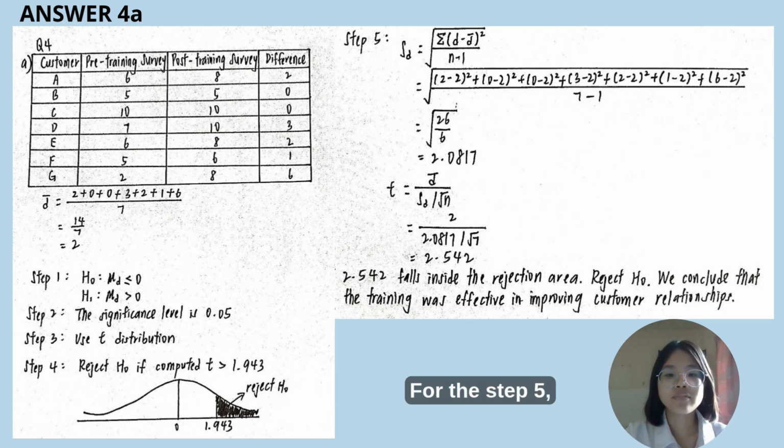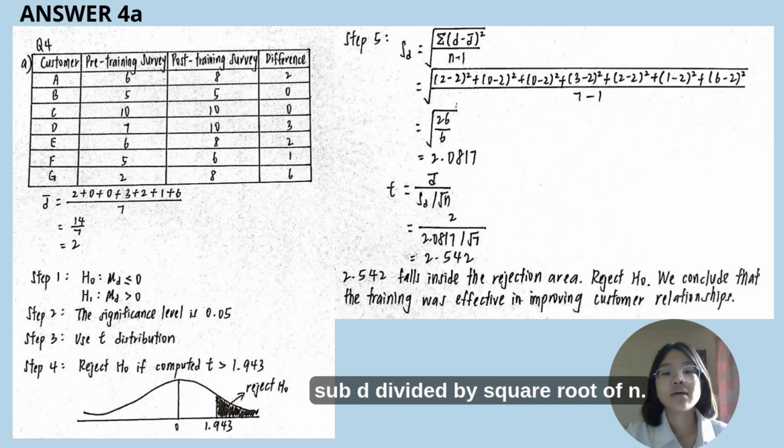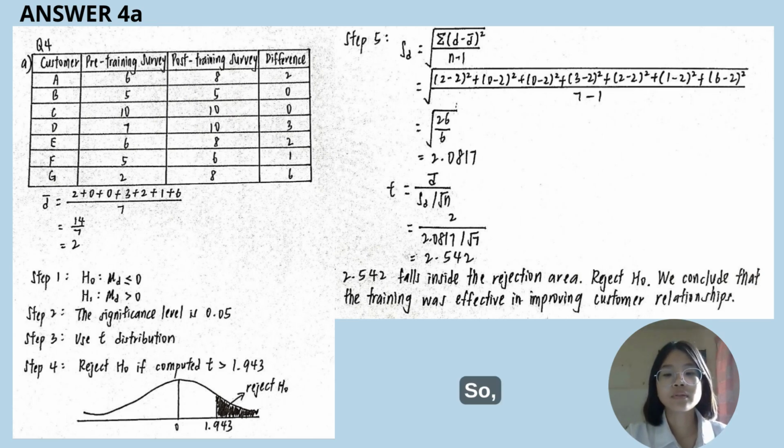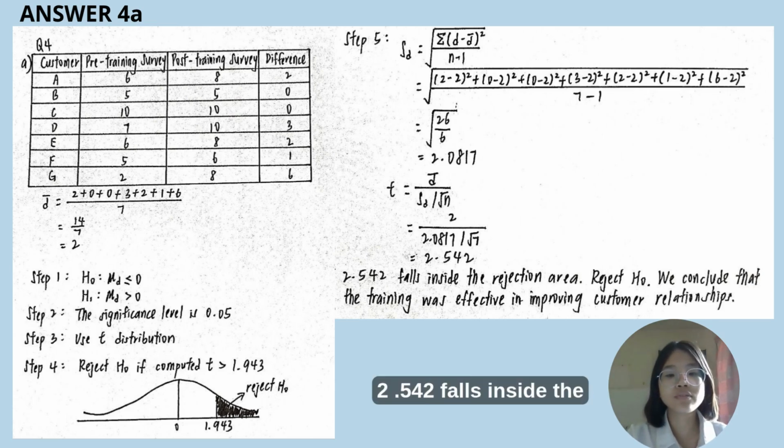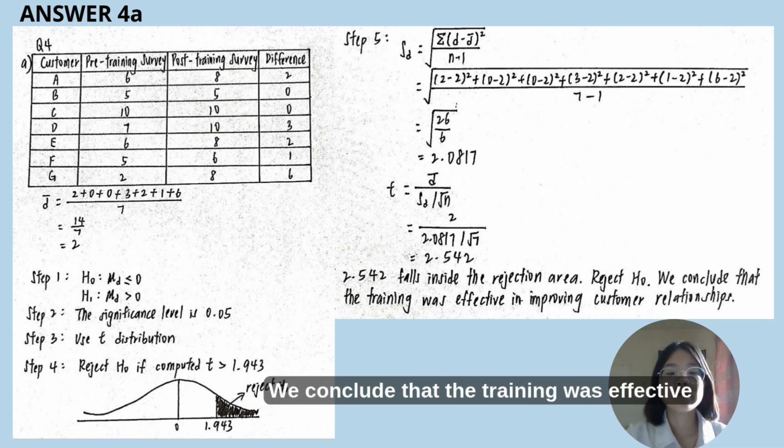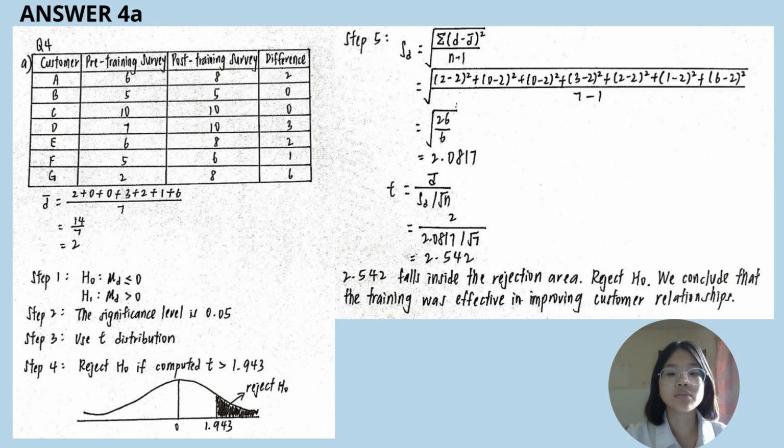For step 5, S sub D is equal to 2.0817 and the t value is D bar divided by S sub D divided by square root of n. So equal to 2.542. So 2.542 falls inside the rejection area. Reject H sub 0. We conclude that the training was effective in improving customer relationships.